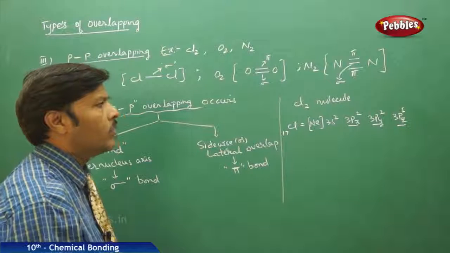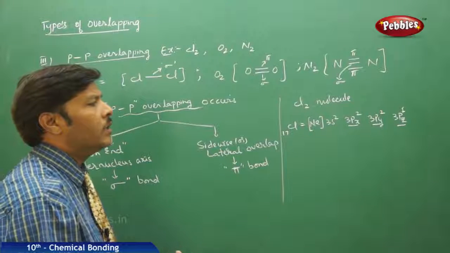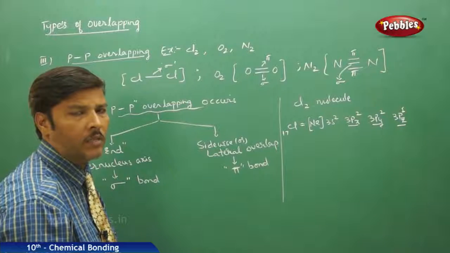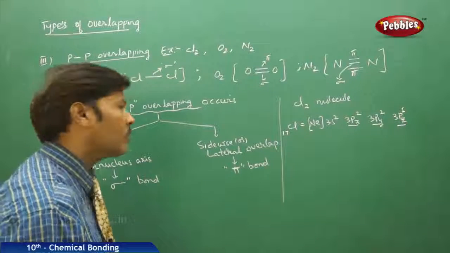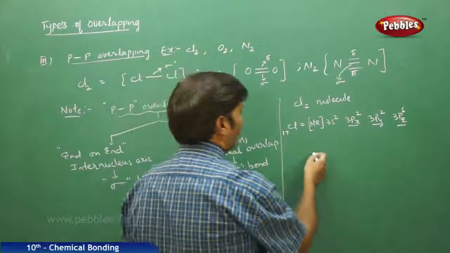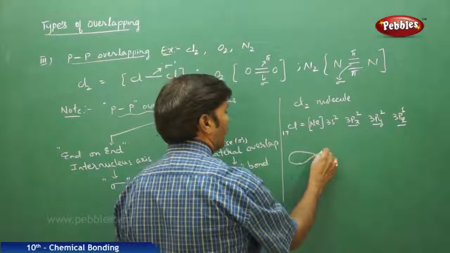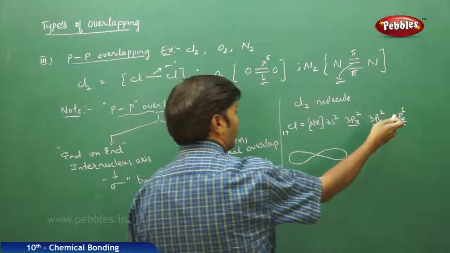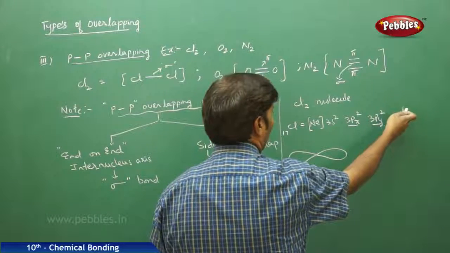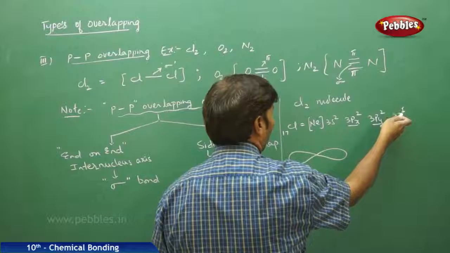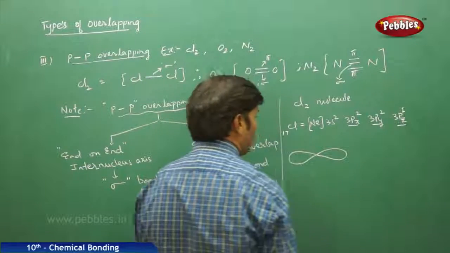So we have to take two chlorines. For two chlorines we need two 3pz atomic orbitals, both dumbbell shaped. Directly I am going to draw a diagram for the valency shell orbitals of both chlorine atoms. The valence electron orbital of chlorine is given by 3pz.